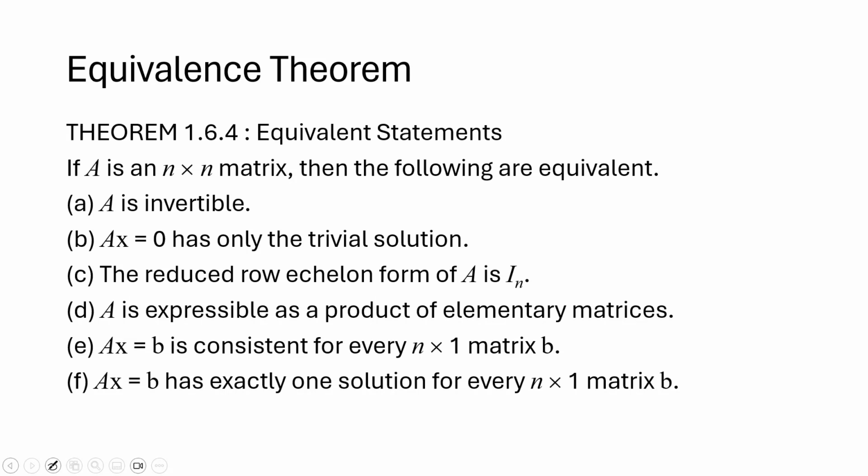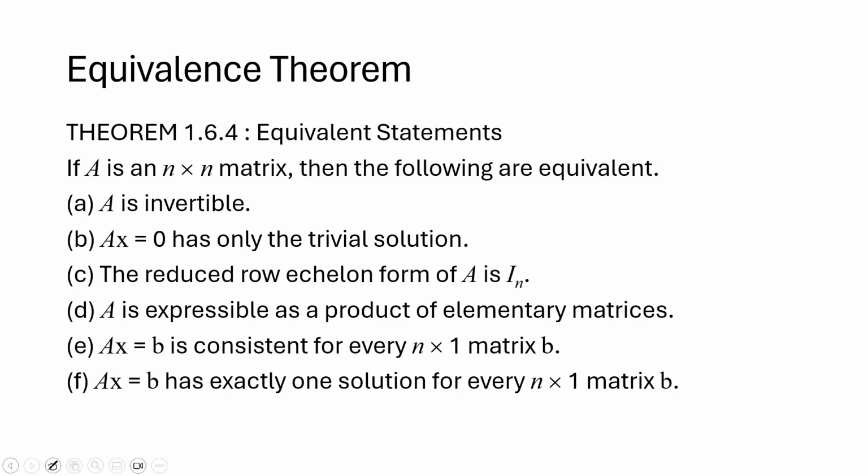A is invertible. Ax equals 0 has only the trivial solution. The reduced row echelon form of A is I sub n. A is expressible as a product of elementary matrices. Ax equals B is consistent for every n by 1 matrix B. And then we have Ax equals B has exactly one solution for every n by 1 matrix B.